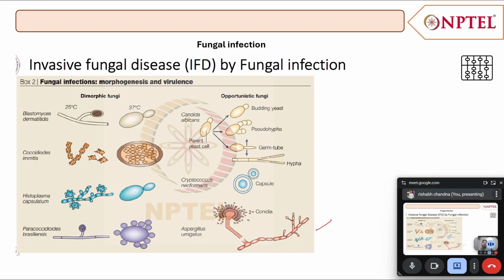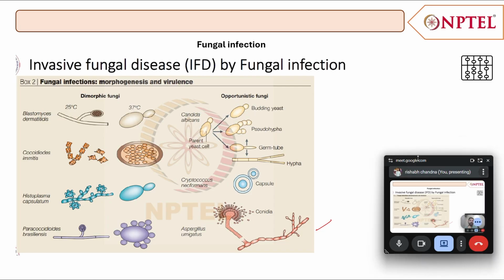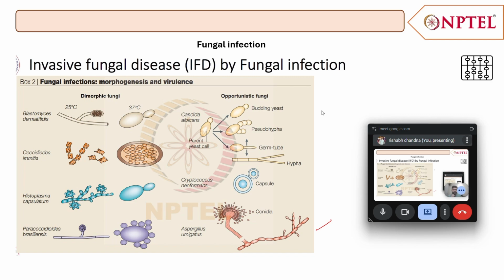Okay, so now moving on to the invasive fungal disease caused by fungal infection. So these are some of the dimorphic fungi. That means they can grow at 25 and 37 both, but the most favorable temperature is 37 degrees Celsius.